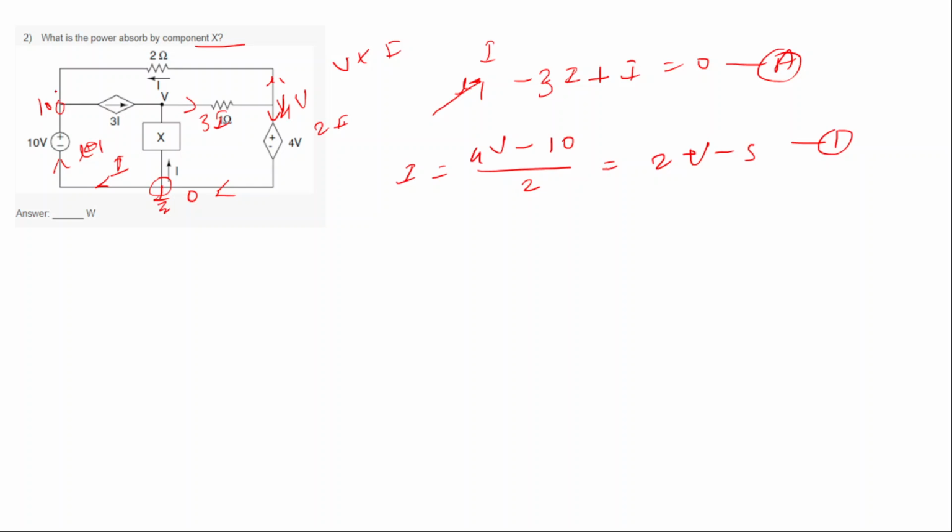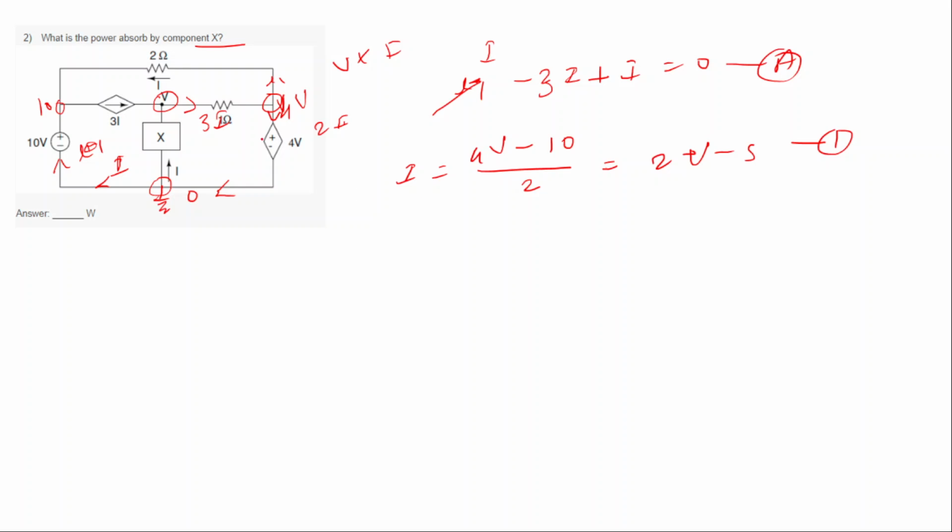Then, to find the values of V and I, we just need to apply the node voltage equation at these two nodes, because we only have two dependent voltage sources.